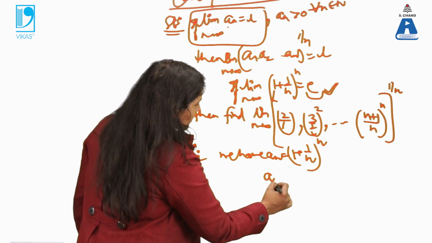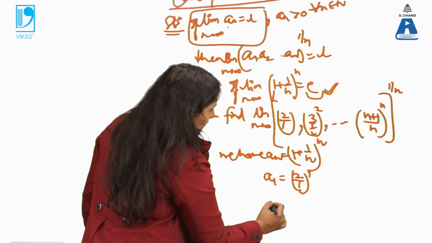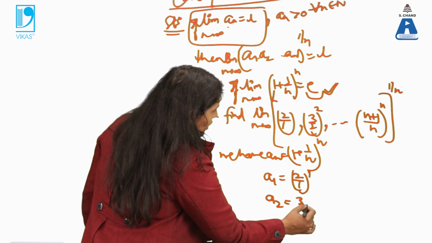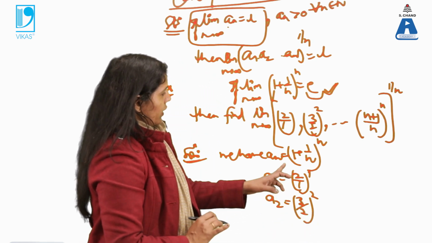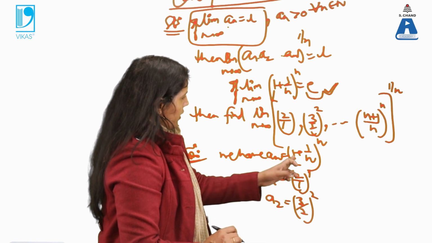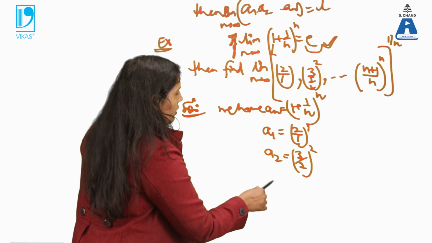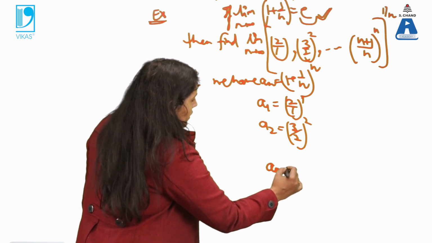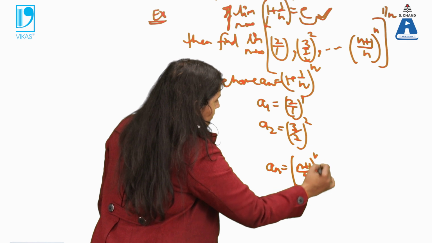What will be a1? a1 will be 2 by 1, a2 will be (3 by 2) whole square. What I am doing, I am just putting n equals 1 and then n equals 2 and getting my terms. What will be the nth term as per this an formula? The nth term will be ((n plus 1) by n) whole power n.